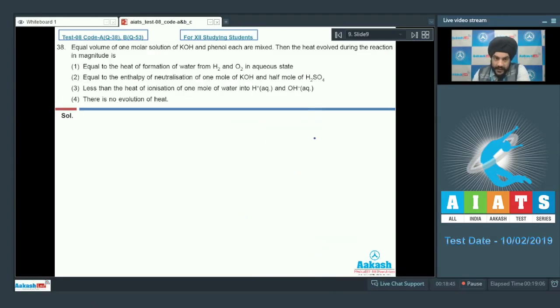Question number 38. Equal volume of 1 molar KOH and phenol are mixed. Then the heat evolved during the reaction in magnitude is. KOH is a strong base, but phenol is a weak acid.